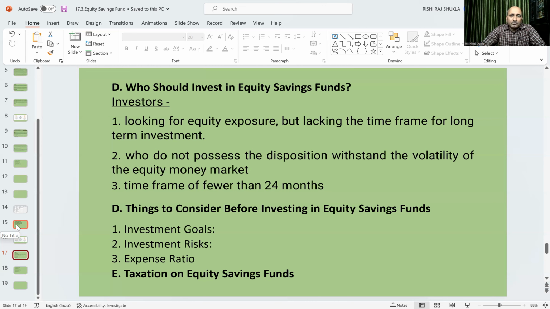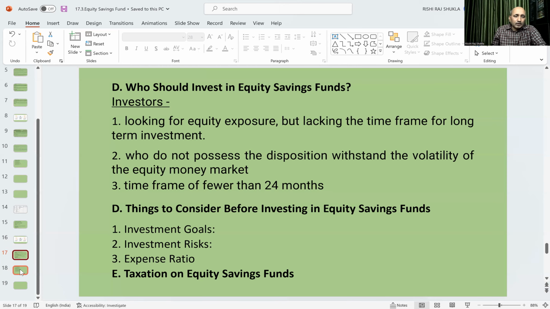Suppose you are getting 2 lakh capital gains, then 1 lakh will be tax free and you only have to pay tax on the balance 1 lakh. If capital gain is 5 lakh, say, then 1 lakh will be tax free and only the 4 lakh portion will be taxed at the rate of 10%. If your capital gain is less than 1 lakh, then there will be no tax.